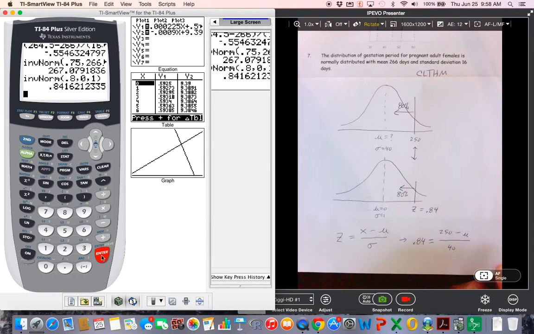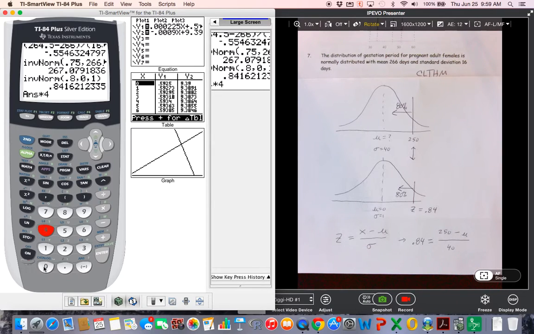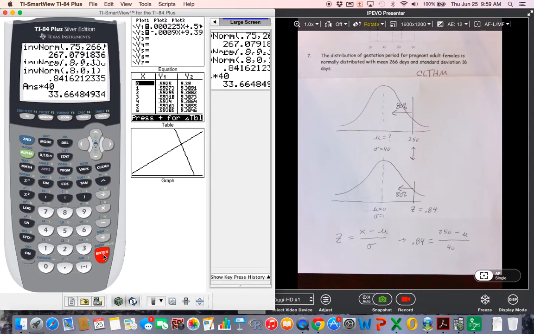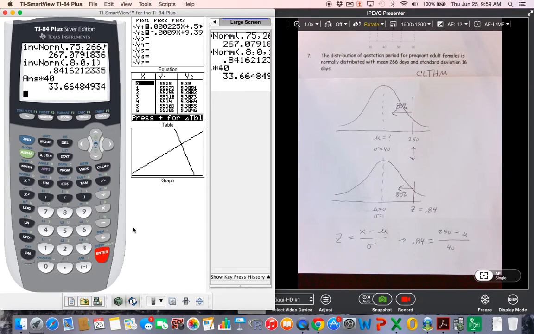So the first thing I would do is I would multiply both sides by 40, so I can do that over here. Now this 0.84 right here is that value right here. So I can just multiply by 40, kind of cross multiply. And I know the number on the left is going to be 33.66, so I get the number contained in the calculator without rounding.